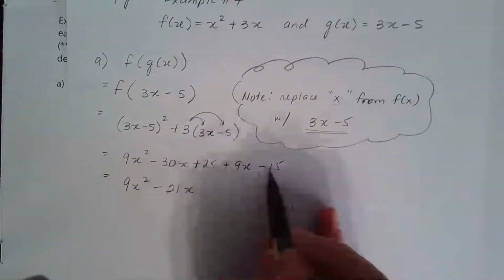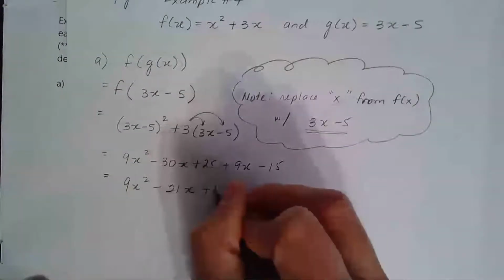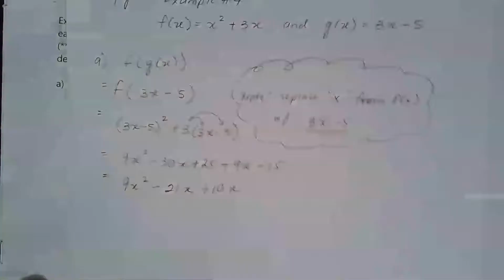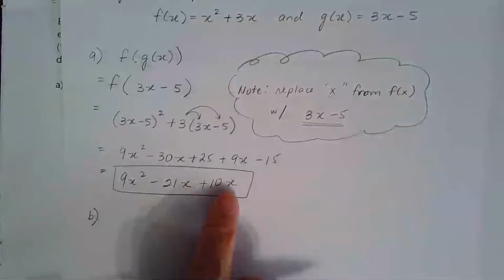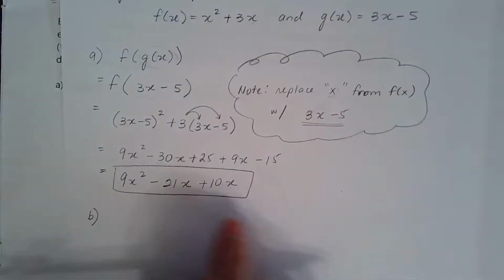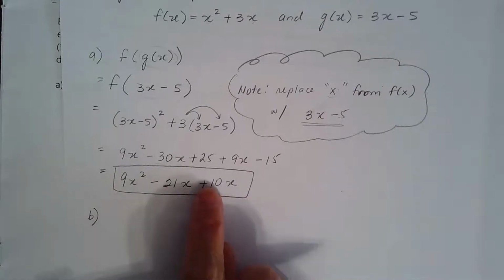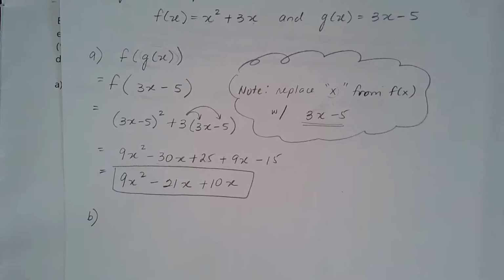We're just going to clean it up so that we can simplify it further. So 3x minus 5 squared, that's 9x squared minus 30x plus 25. And then now we're going to expand this one to minus 15. From here, we can collect like terms.